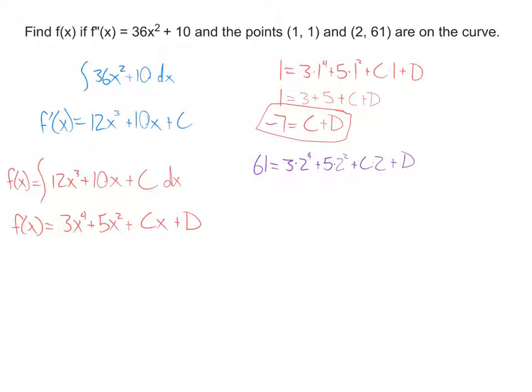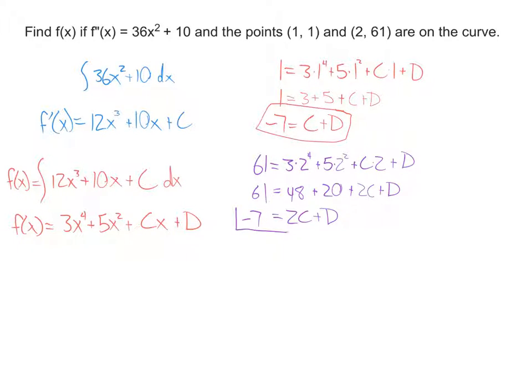So 3 times 16 is 48 plus 20 plus 2c plus d equals 61. 48 and 20 is going to be 68. We subtract, and we get negative 7 equals 2c plus d.